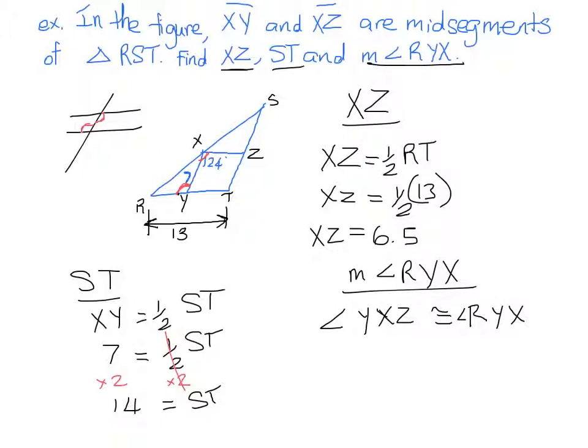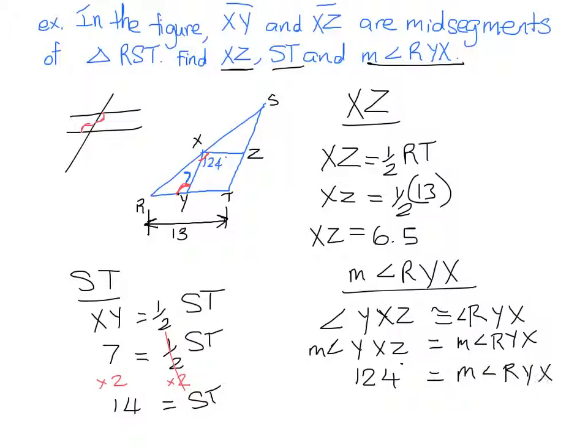So the measures are equal. I'm writing all the official stuff here. Since we know the measure of the first one is 24, then that's also the measure of angle RYX. They're actually equal to each other. So we found everything we need to know, and the midsegment theorem helped us do it all.